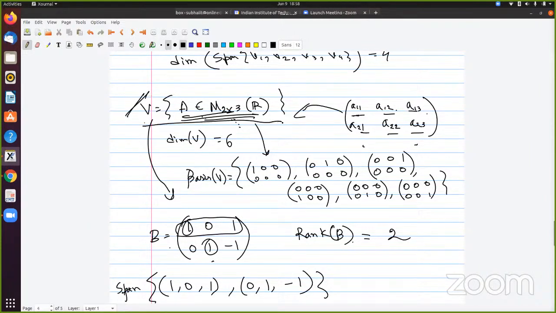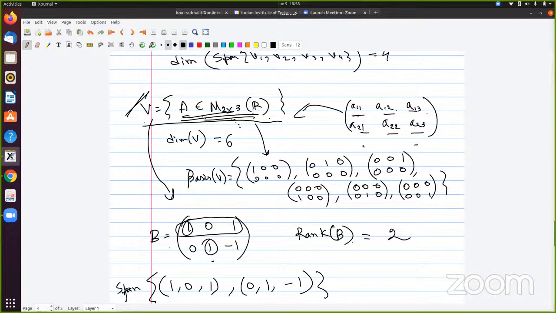This is the vector space: all 2 cross 3 matrices. Again, it is going round and round. If matrices are infinite, and this vector space's matrices are infinite, what does that mean? We can have any number of such 2 cross 3 matrices, right? And this vector space belongs to the form of those matrices, right? The vector space does not belong. This vector space consists of all such matrices.